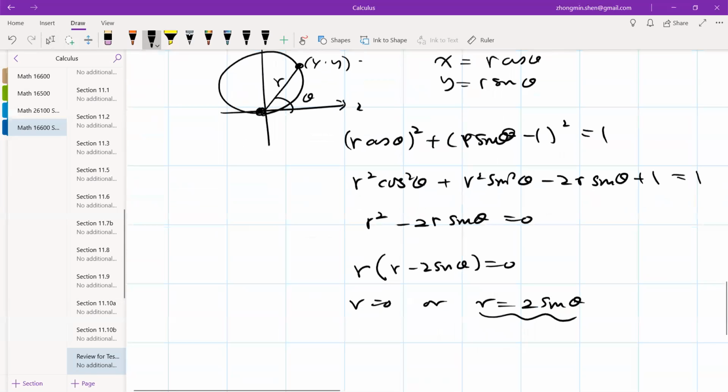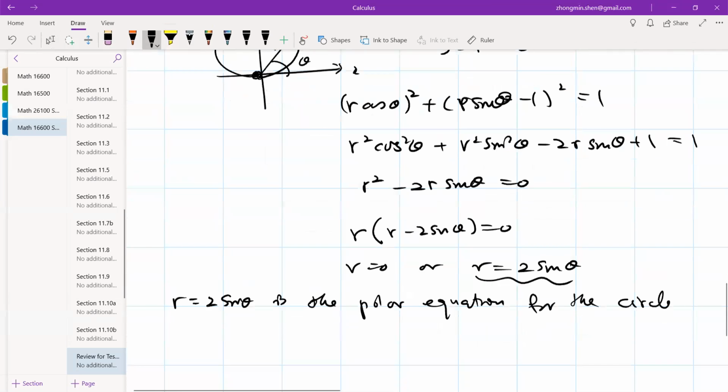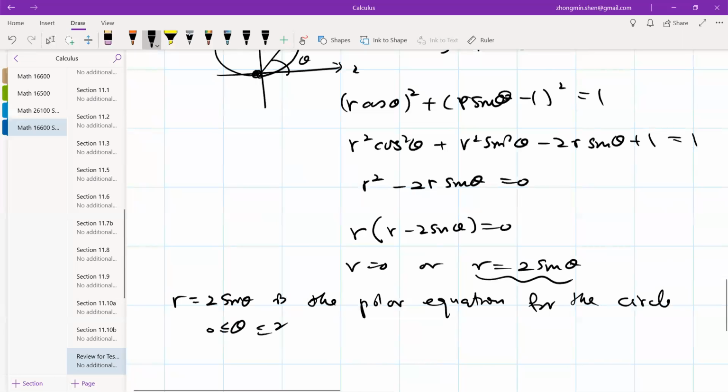So r equals 2 sine theta is the polar equation for the circle, right? And when theta is between 0 and 2 pi, you get a complete circle.